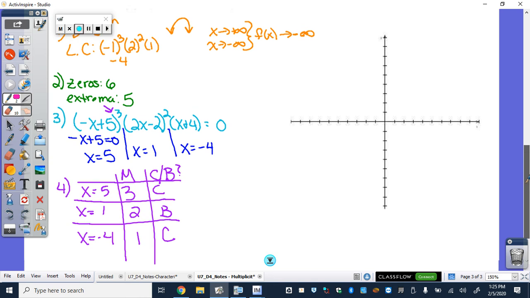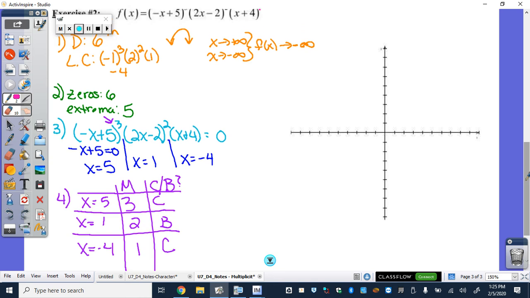All right, so I'm going to start off -4, 1, and 5. So I start off with my dots on my zeros. Will we have a y-intercept to consider this time? Yeah, we will. It won't be 0.